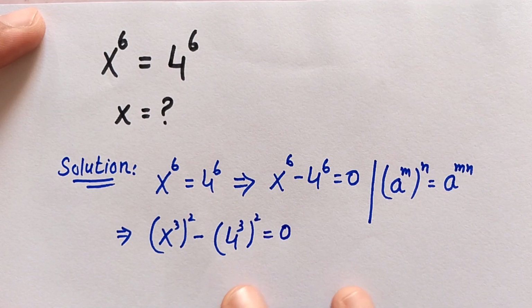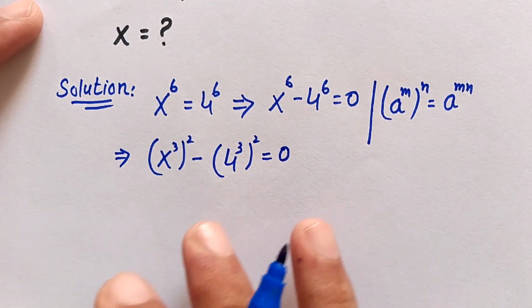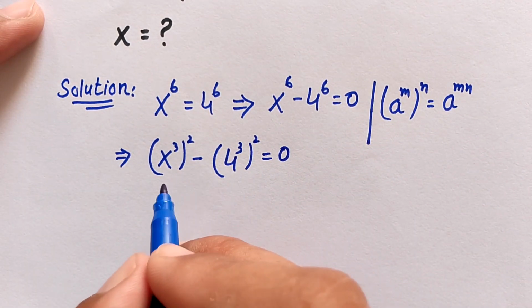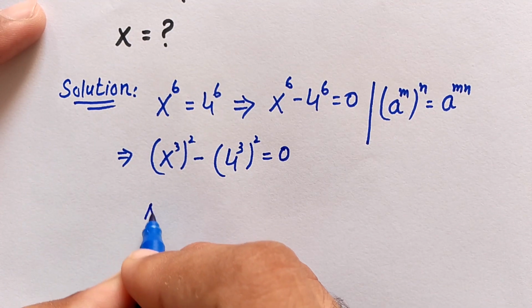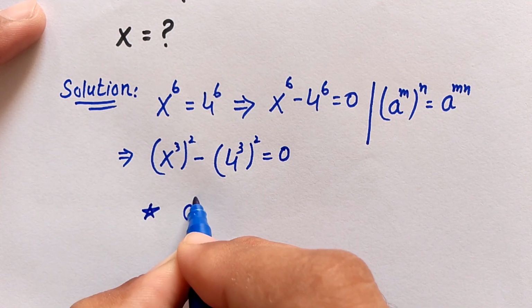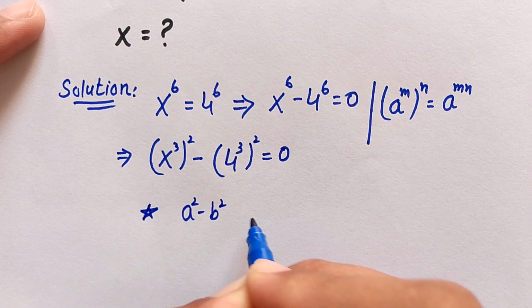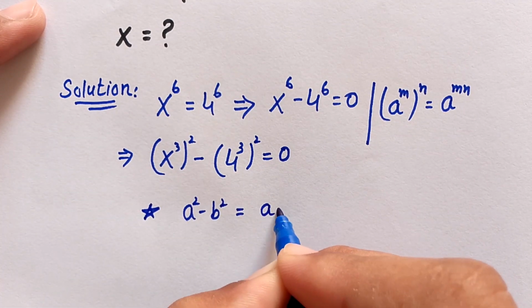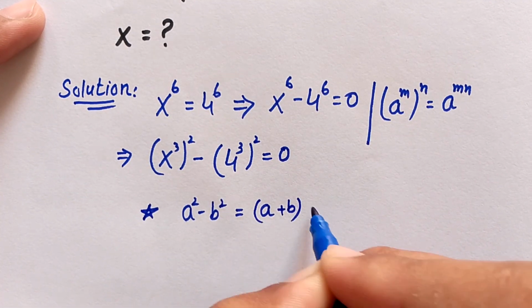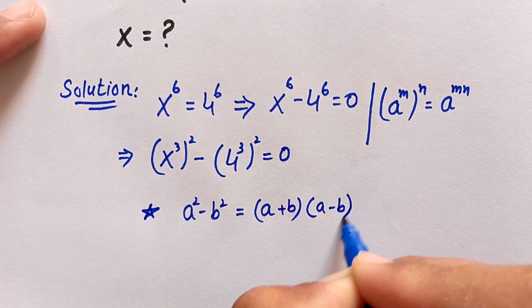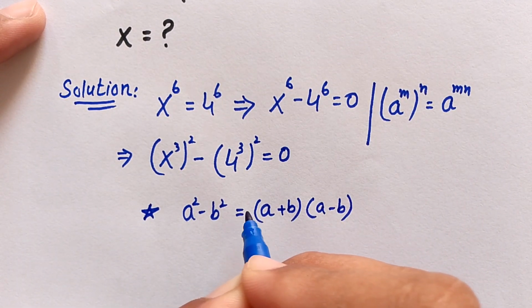Now we have to apply this identity, which is a square minus b square, which is equal to a plus b times a minus b.